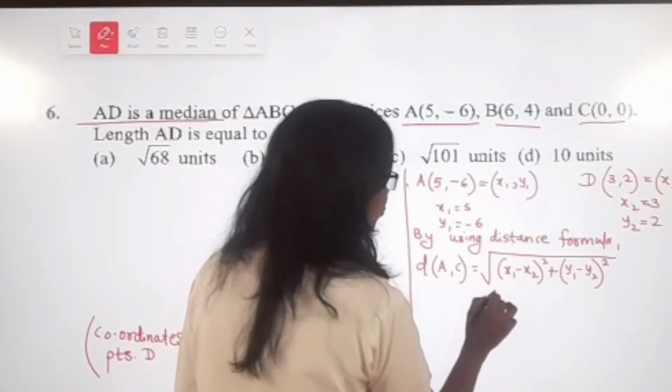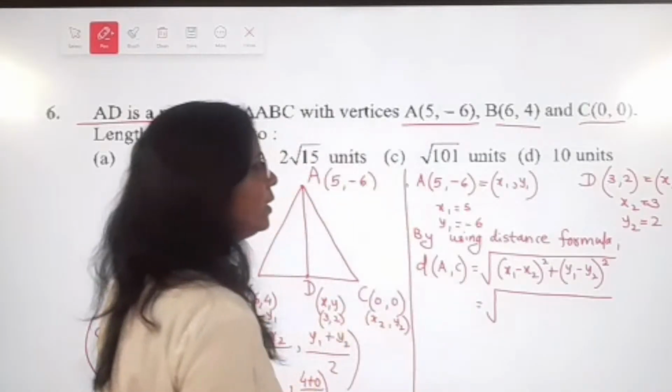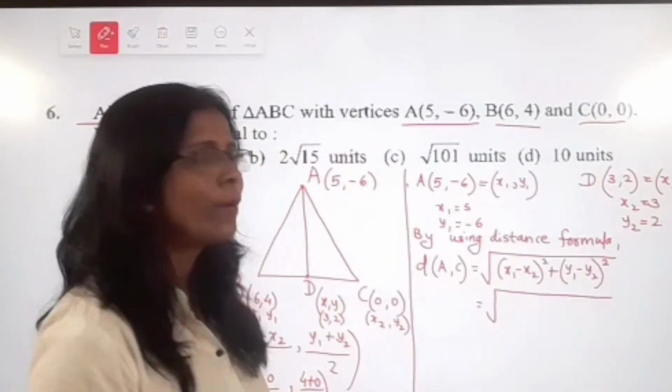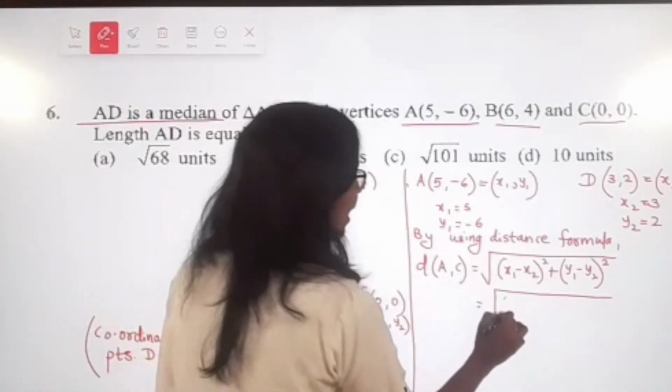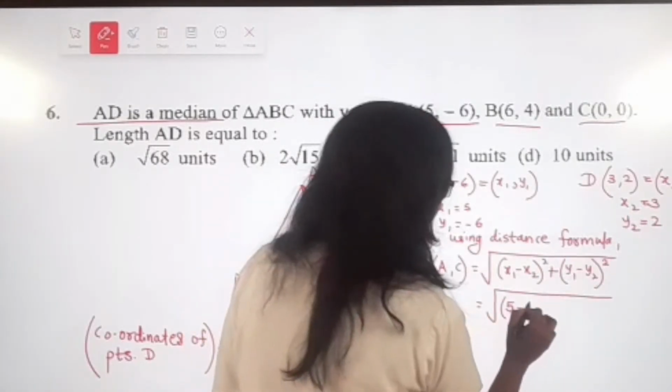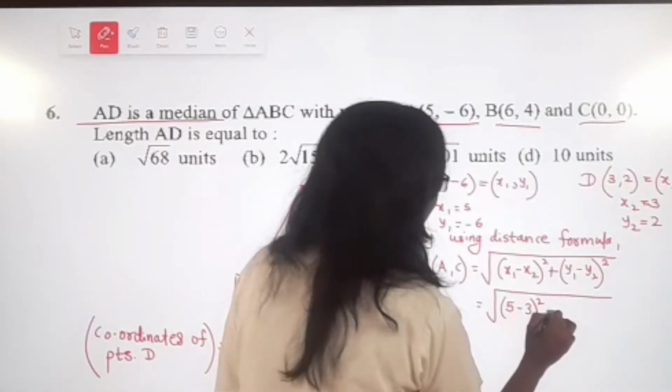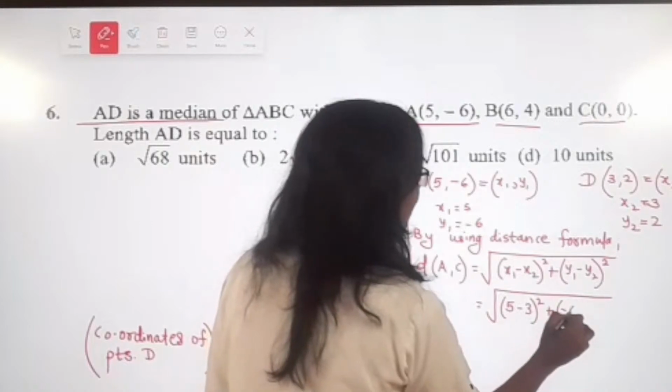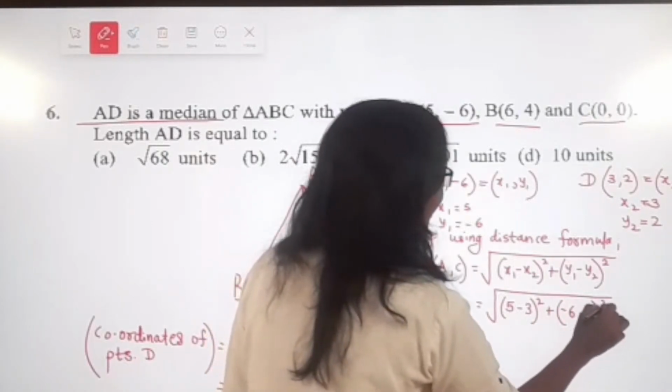So now, students, we put the values of x1, y1, x2, y2. So here (5 minus 3) whole square plus (minus 6 minus 2) whole square.